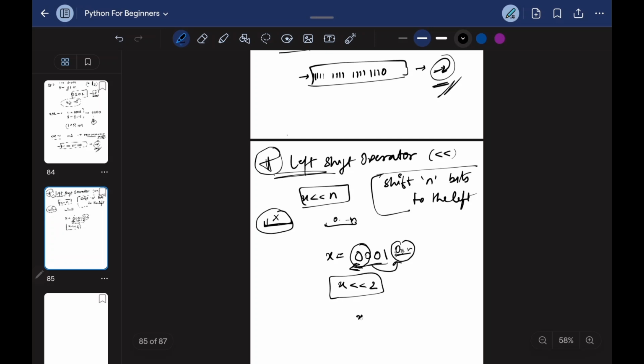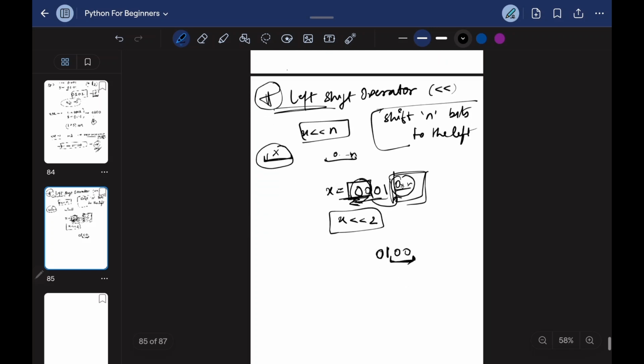So this x left shift 2 will give us the value 0100. The leftmost n bits are dropped, I dropped these two, wrote 00, and then n bits are added to the rightmost, and all are zeros.